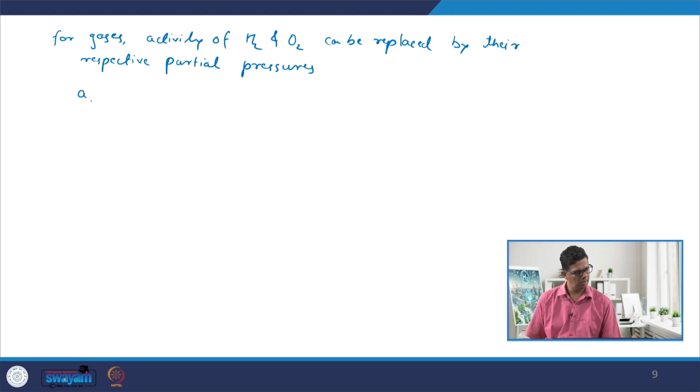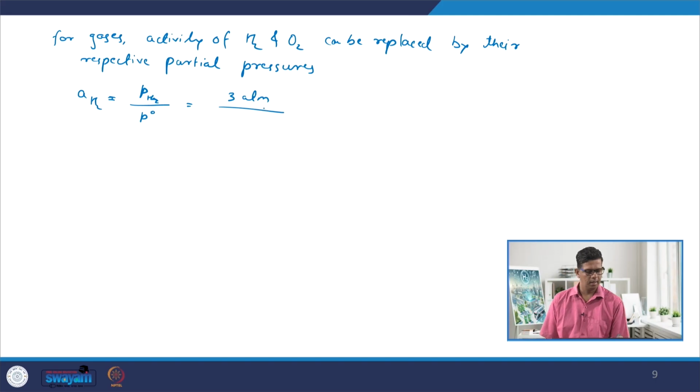So, activity of hydrogen is partial pressure of hydrogen by P naught. So, we have seen this before. Partial pressure of hydrogen in this numerical is, it is a pure hydrogen that is coming out. So, it is coming out at 3 atmospheres and standard pressure is 1 atmosphere. So, this is 3, activity of hydrogen is 3.